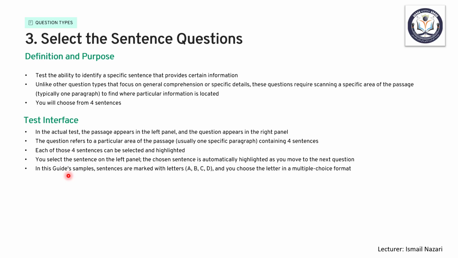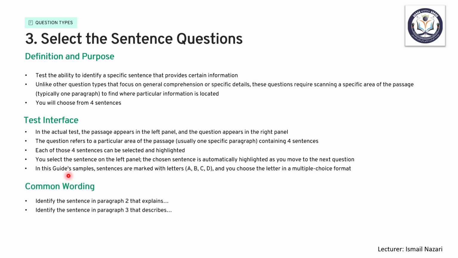They are marked as A, B, C, but on the real test we don't have A, B, C. We need to find and select the right sentence from the specific paragraph or passage. So there would not be any letter.